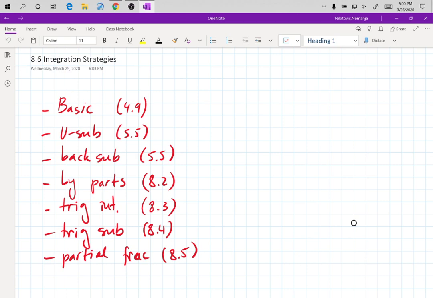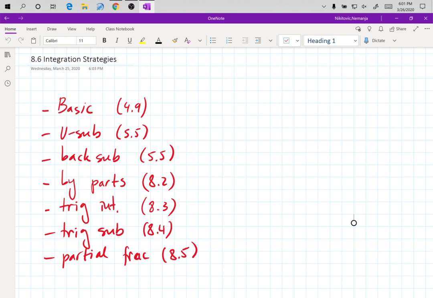Now, the methods which we have discussed so far are basic integration from Calc 1, U sub from Calc 1, back substitution, also Calc 1, and then you have a whole bunch of these new ones: by parts, trig substitution, trig integrals, partial fraction decomposition.